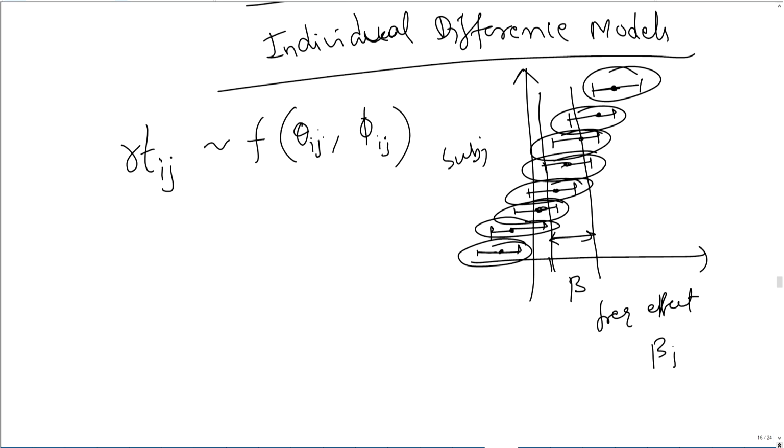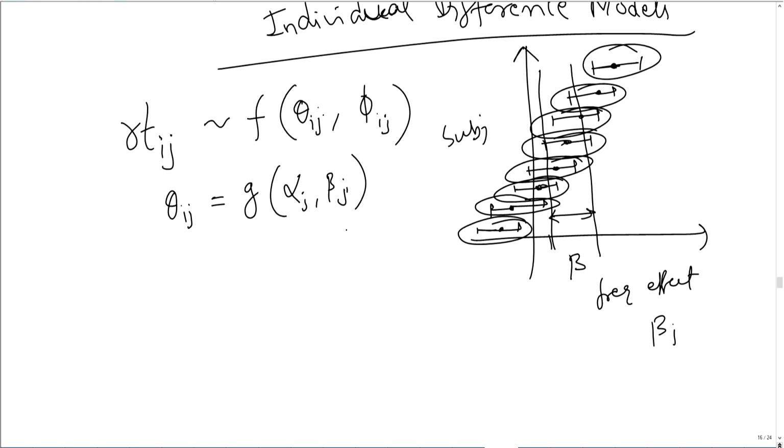And now let's say theta ij is some function of some other parameters, so let's say alpha j, beta j, and so on, right.